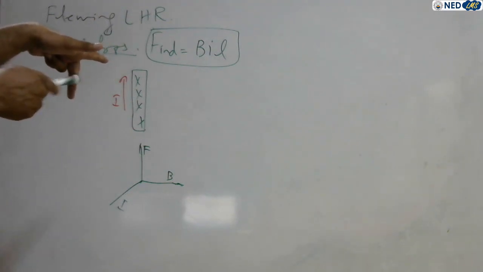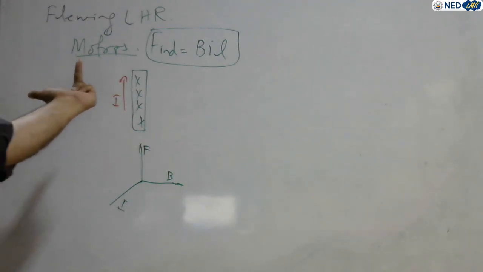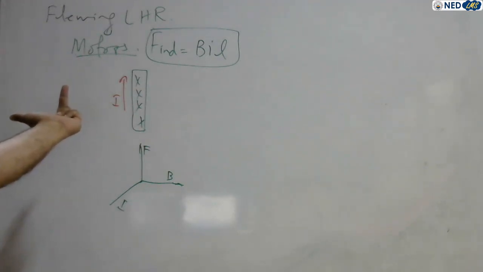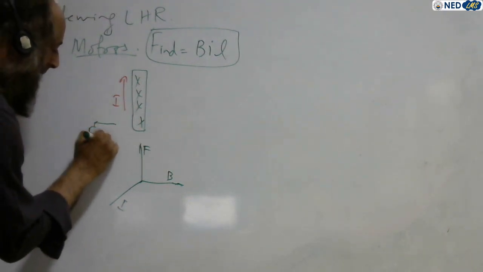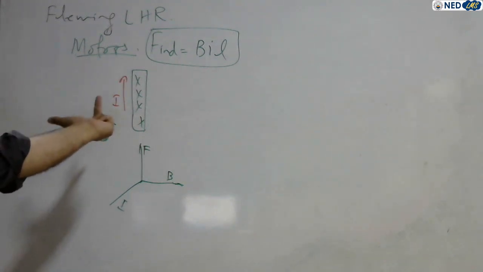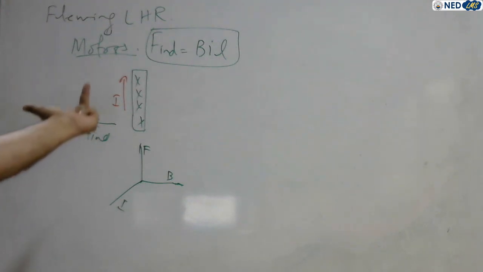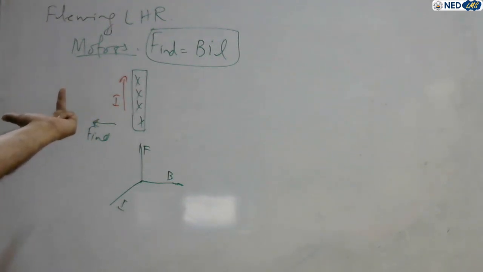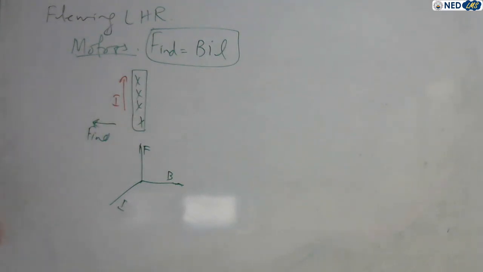The current is now upward, so the middle finger is upward, the index finger is again into the page, and the thumb shows that the induced force will be in the opposite direction. So by altering the current, the induced force, that is the direction of the bar, changes.